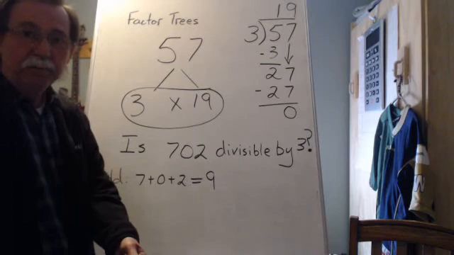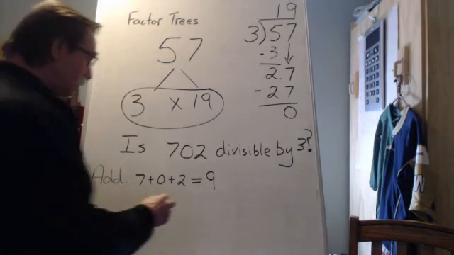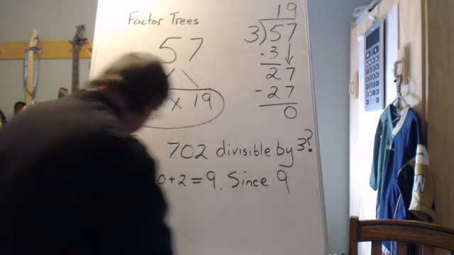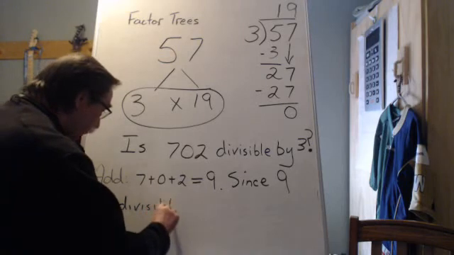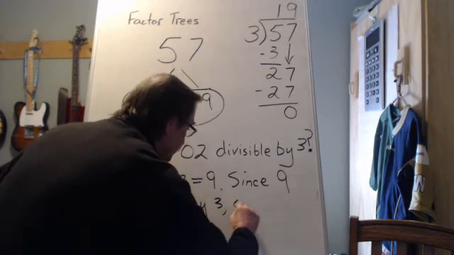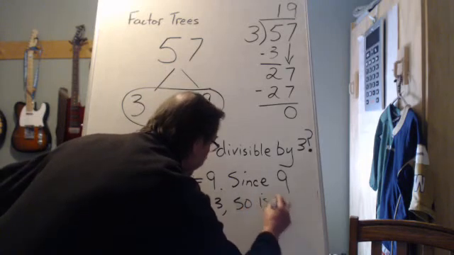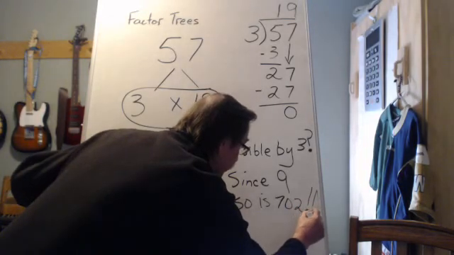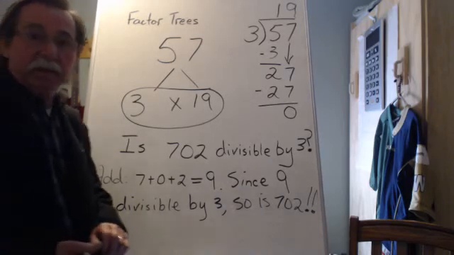Okay, is 9 divisible by 3? Yes. Therefore, 702 also is. Since 9 is divisible by 3, so is 702. Why does that work? I have no idea why it works. All I know is that it does work.